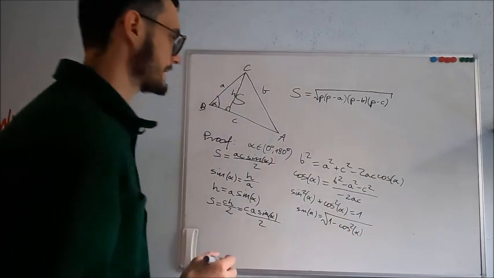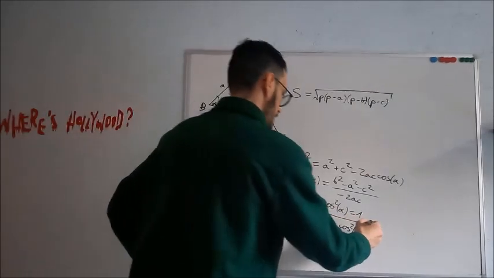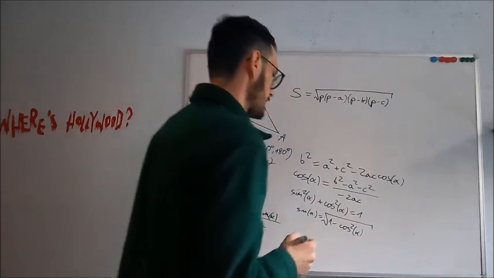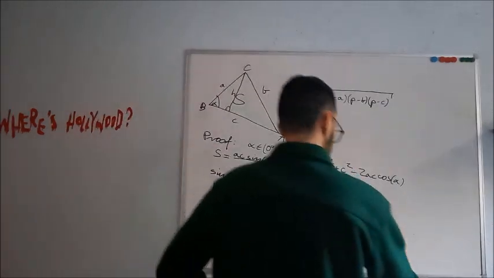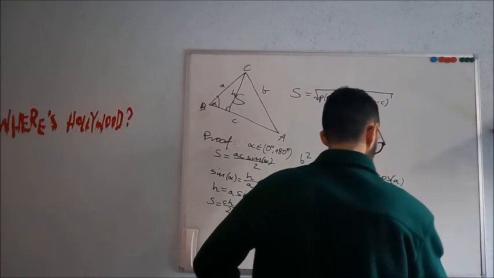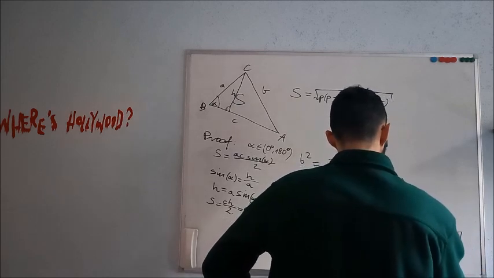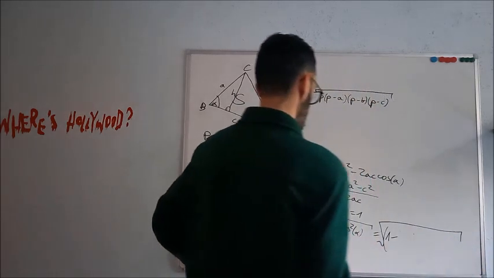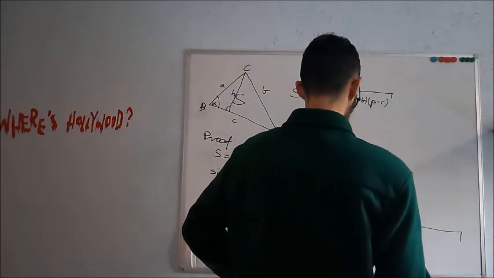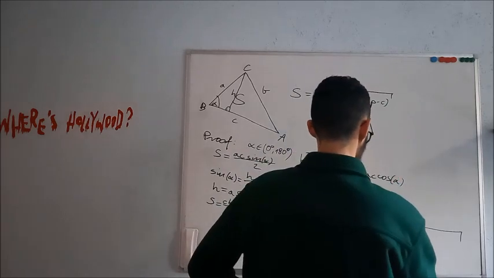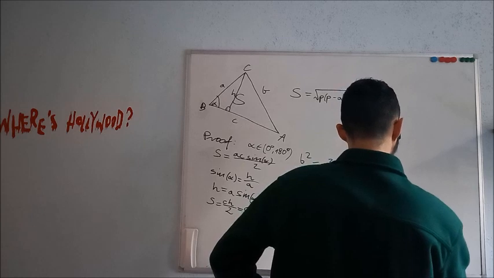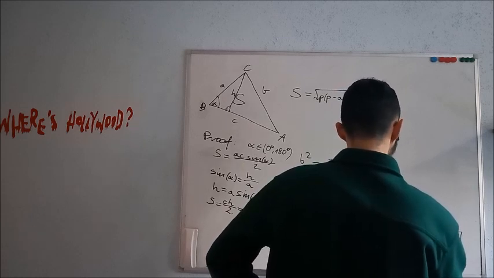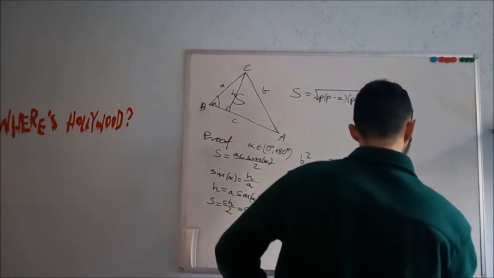Right, so now using the formula for the difference of squares, we've got 1 minus cosine alpha, so it's actually 1 plus b squared minus a squared minus c squared over 2ac.